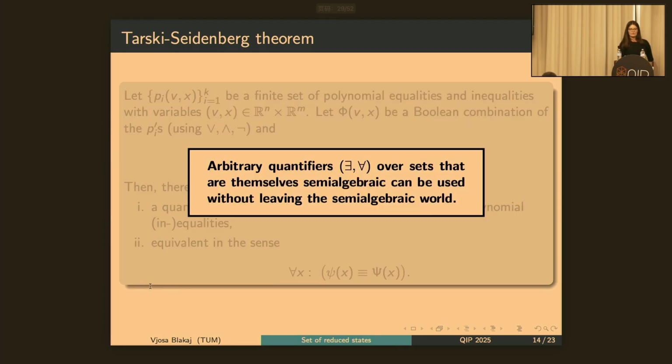We can only remember that if we have a semi-algebraic set and we take quantifiers over sets that are themselves semi-algebraic, then this keeps us in the semi-algebraic world. And this is a property which doesn't hold, for example, for algebraic sets. And I mention this because this is also going to be one of the main theorems that we use to show that red D cannot be written using only finitely many polynomials.